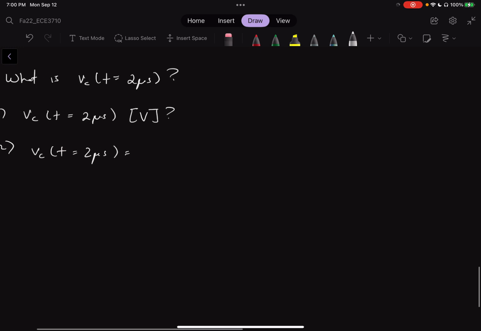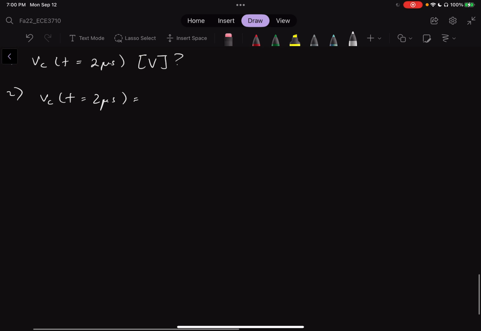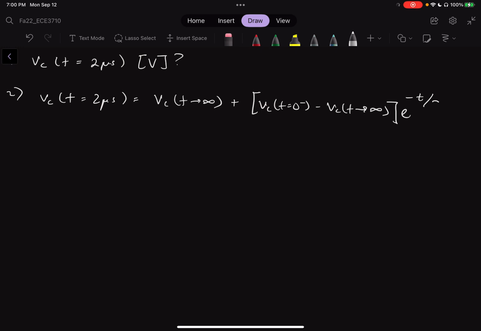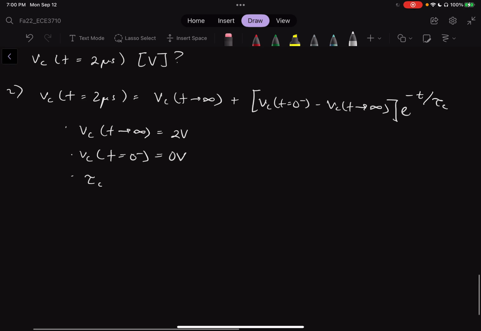is equal to the equation, which is Vc of t approaching infinity plus, in brackets, Vc of t equal to 0 minus Vc of t approaching infinity, close bracket, e to the negative t over tau c, where Vc of t approaching infinity was equal to 2 volts, Vc of t equal to 0 minus was equal to 0 volts as provided by the problem statement, and tau c was equal to 5 microseconds.